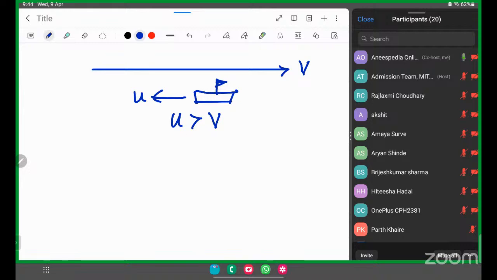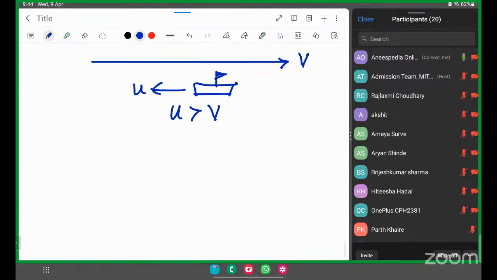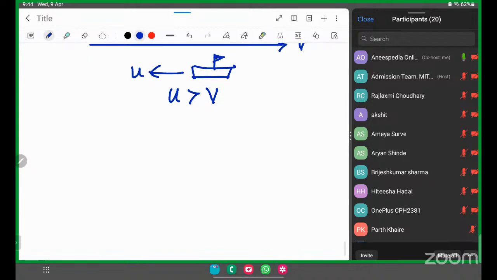Otherwise, the boat will be in the flow of water. It will go along the water. So if you want to make it go against the water, speed of the boat has to be greater than flow of the water. So in this case, we call it as speed upstream.